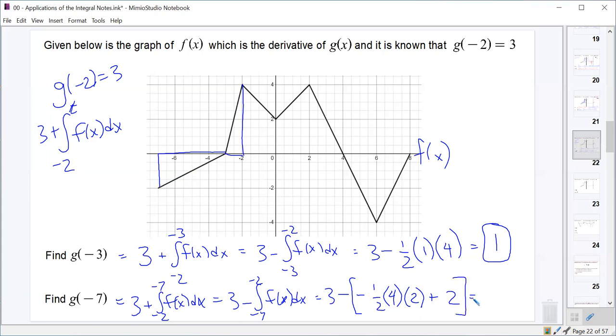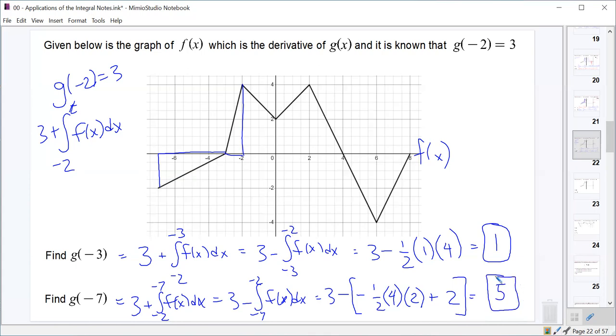So inside of our brackets, -1/2 of 4 times 2 is -4. Negative 4 plus 2 is negative 2, and 3 minus negative 2 ends up being 5.